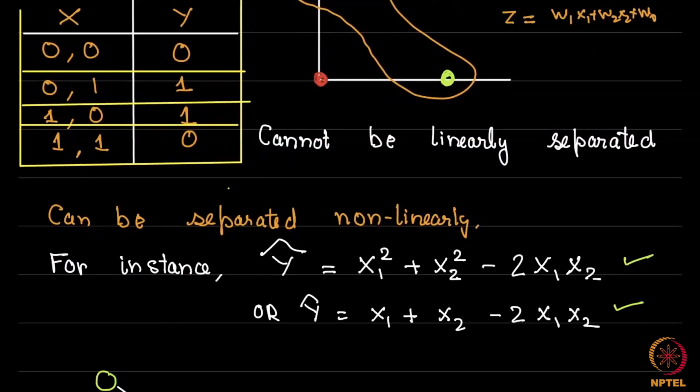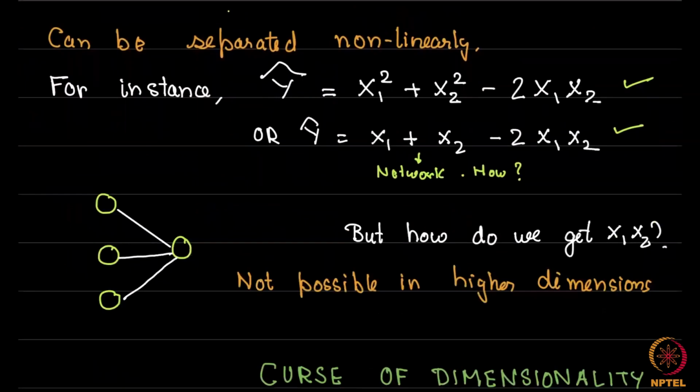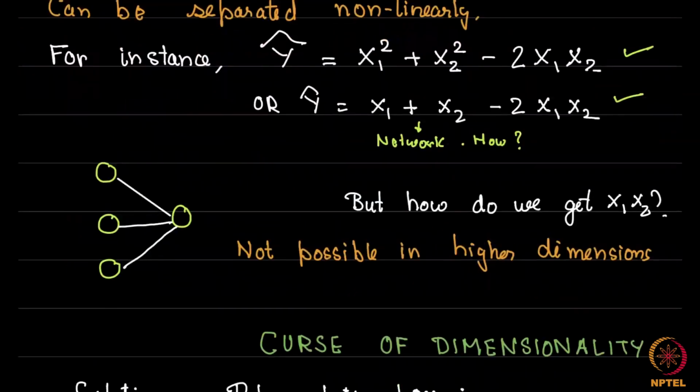Now suppose I were to represent this as a network. How would I do it? The way to do it is as follows. You take an input x1, you take an input x2, you also take a third input x1x2. Now you will think, well, why should I need this?